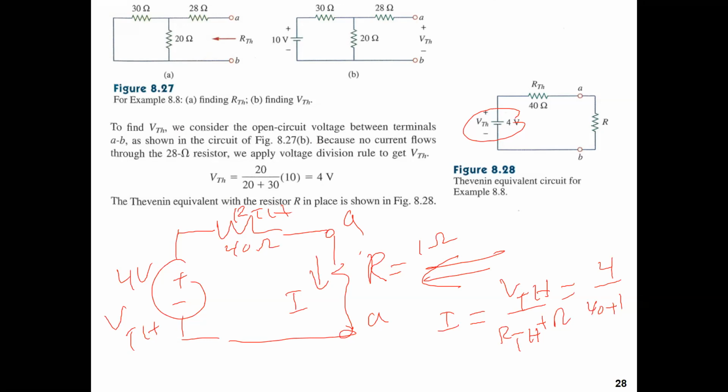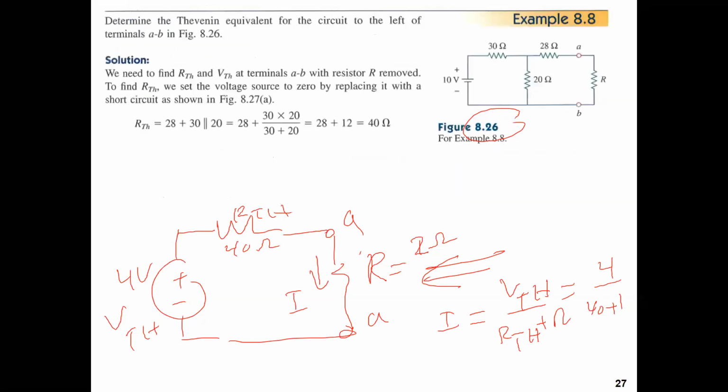So if we change R to 2 without using Thevenin, and we go to the original circuit here, then we have to analyze the whole circuit with the new value of R. And then if we change R to 3 or 4 or 5, then we have to do the same many steps to analyze the circuit with the different value of R. But having the Thevenin, there is no need to include all of this in order to analyze the circuit when R is 3 or R is 2 or R is 4 or any other value.